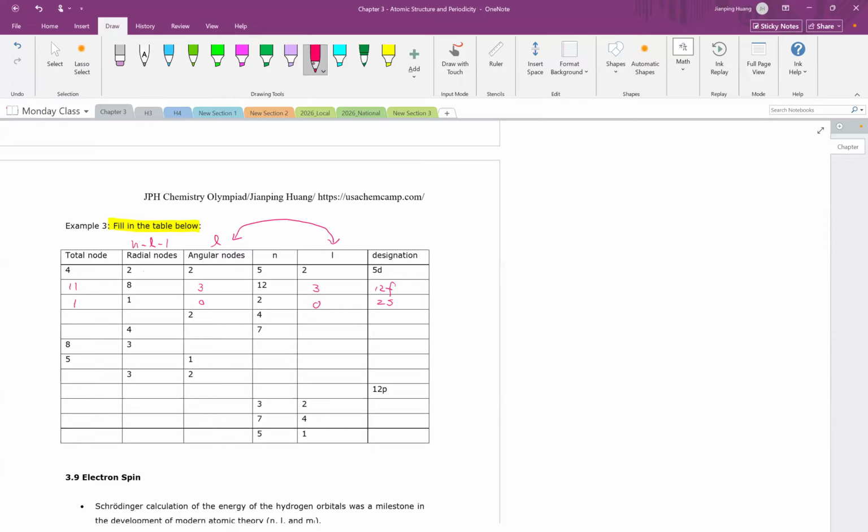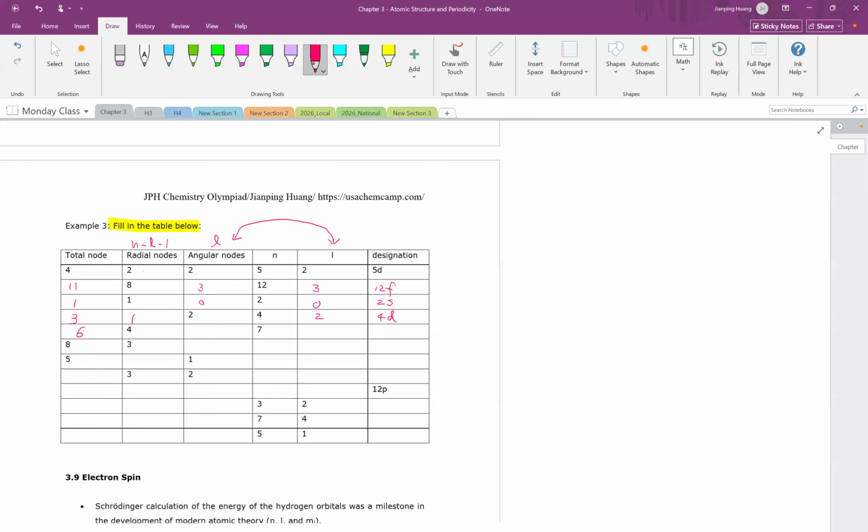Now, can I finish the rest? Quick, do that. Right, you got it? So that one should be 3, 1, 2, 4, 2, and there should be 4D.